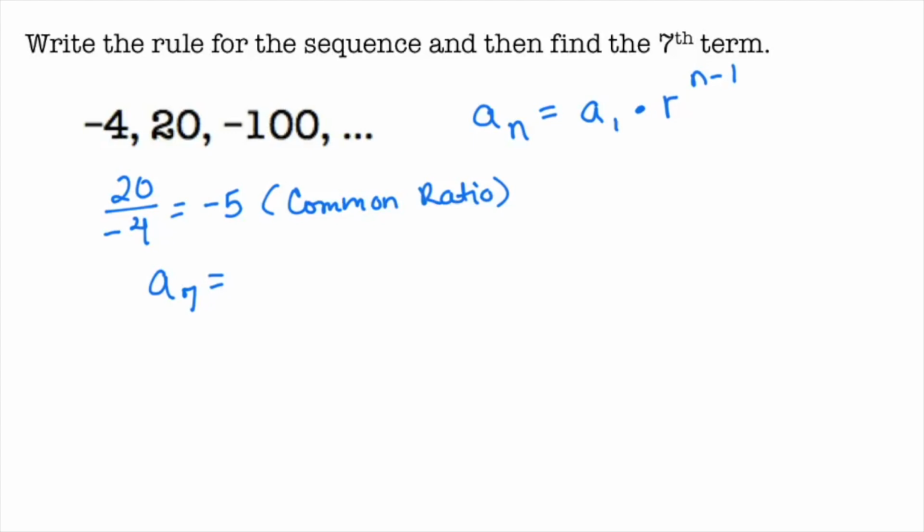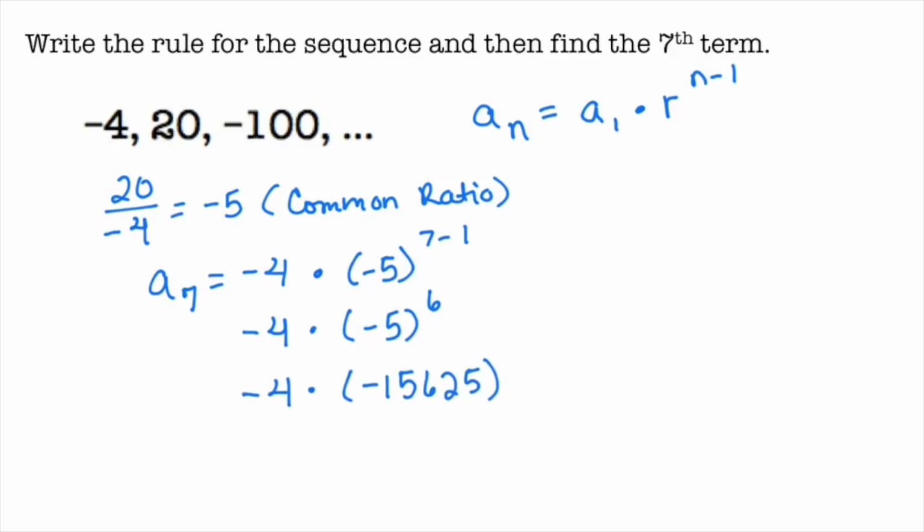So a sub 7 equals -4, because that's the first term in the sequence, times your ratio, which we found was -5, raised to 7 minus 1, because 7th is the term that we're looking for. Then we're going to subtract 7 minus 1. Then we're going to raise -5 to the 6th power. And then we're going to multiply it by -4, and your final answer is 62,500.